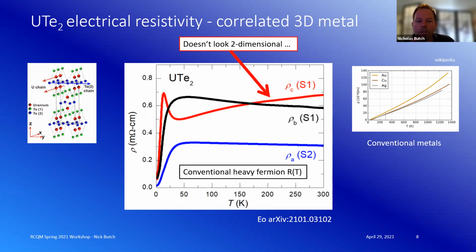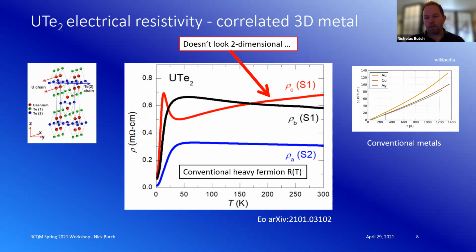If I just look at the resistivity curve, either rho A or rho B, to me, again, this is a qualitative statement, they look like what I would generically expect of a heavy fermion system. There are many similarities. There's a clear negative slope at high temperature, and then it curves over, and then it goes to Fermi-liquid behavior at low temperature.